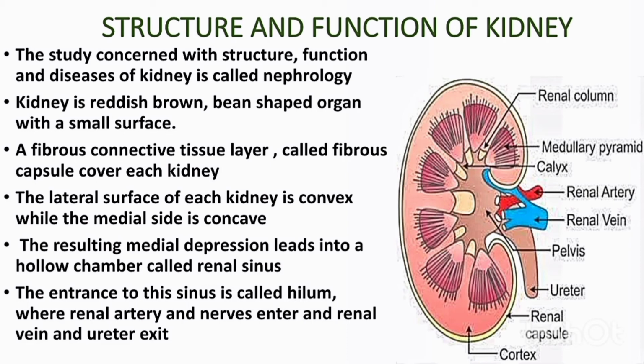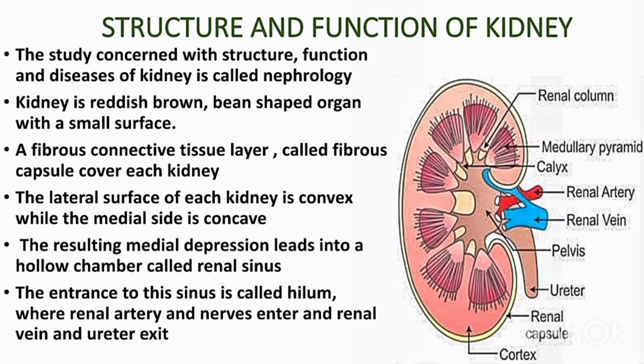So the lateral side or outer surface of the kidney has a convex shape, and as you have seen in the spoon, the inside surface has a depression, and that depression shape is known as concave. That's why the medial side of the kidney has a depression, so it is concave.